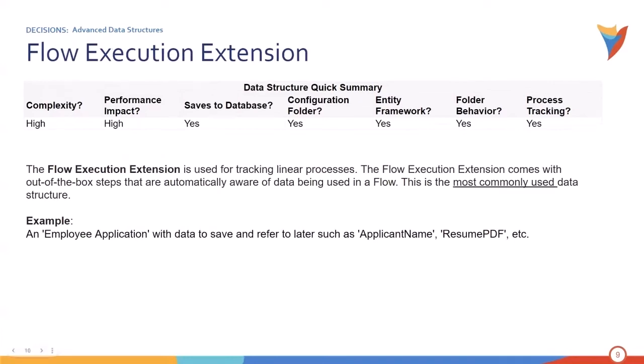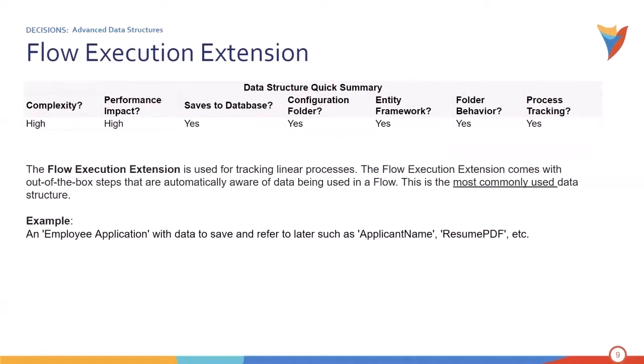Next is the flow execution extension. So here we are getting to the more complex parts of our data structures. A flow execution extension behaves similarly to an entity and folder extension. It provides CRUD actions through steps. It saves into the database. It creates a configuration folder for additional capability, tracks additional fields about the data.